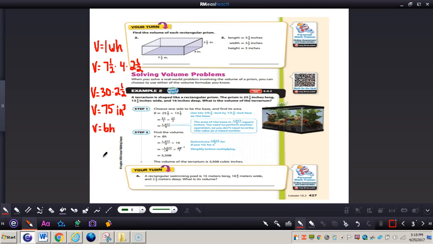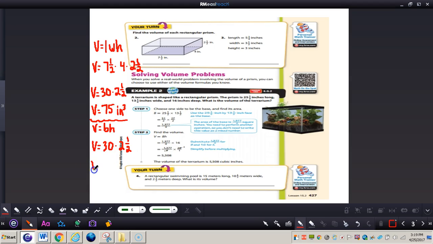Now let's say, for example, for number 2, they already gave you the base. In other words, they already gave you that base of 7.5 times 4 equaling 30. Let's say we already knew that. What we would do is, volume would just equal base times height. In other words, volume would equal 30, because they already gave us the area of that base, times 2.5.